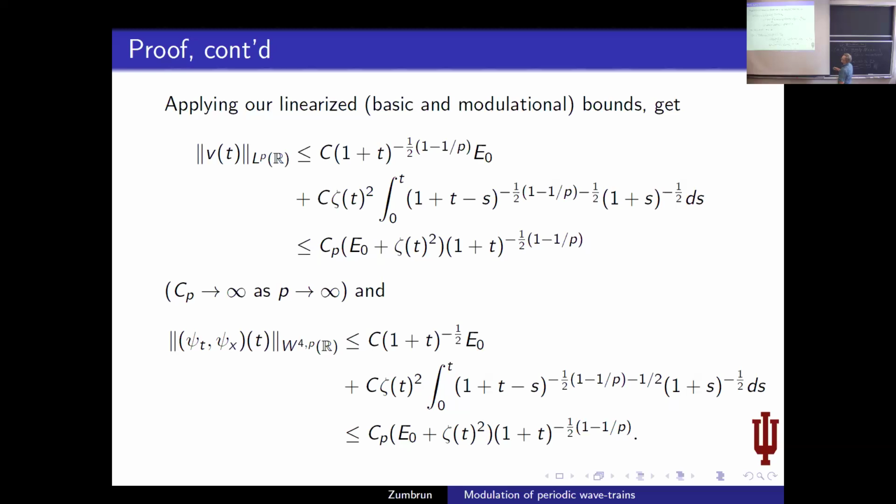That's the previous slide. And nicely, when you integrate this, you basically add 1. So that kills this minus 1/2 and this minus 1/2. You're left with the decay rate of a heat kernel, but now times a big constant, depending on P though, times E naught plus zeta of T squared. That's the bootstrap estimate we were trying to prove, exactly this. For psi T and psi X, exactly the same.